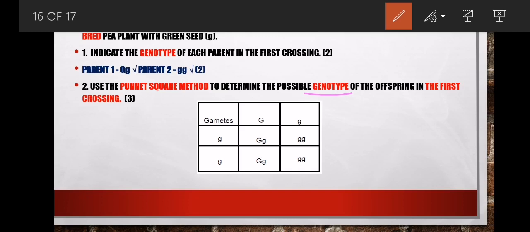Then remember I said you have the two, you put your gametes here. Sometimes file uhambisene ngalama steps lawana eswashoy, but here let's just do it like that. You have the gametes for this is your parent 1, this is your parent 2. Then we do the crossing. Sithola kanjani le? It will be this capital letter G and this small letter g. Lana ngicela uyiqaphele kanje.